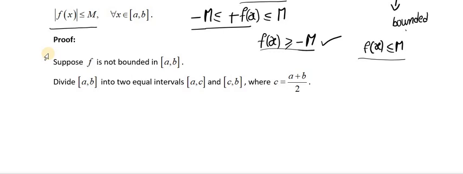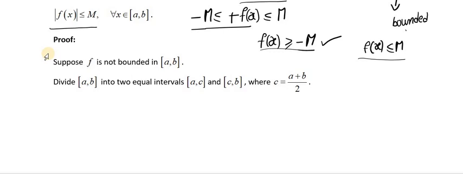So once again, here we want to prove f is bounded, but we are considering f is not bounded. At the end we get a contradiction, because of our assumption. That's why our assumption is wrong. So what is the correct one?